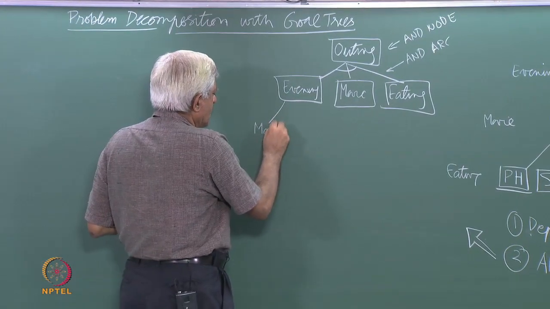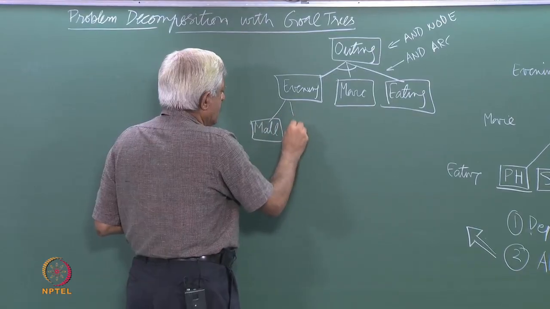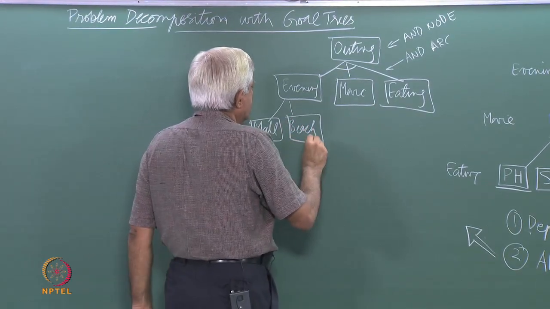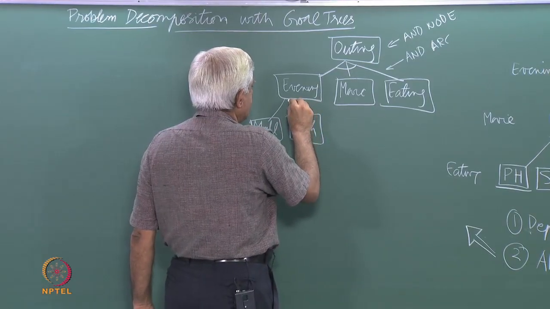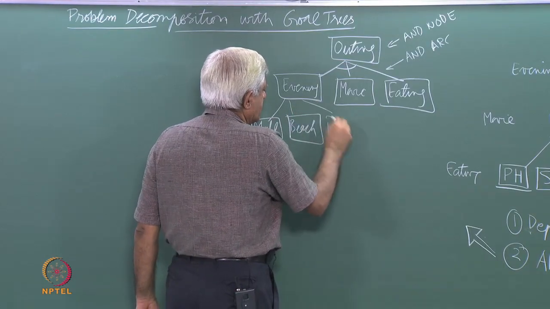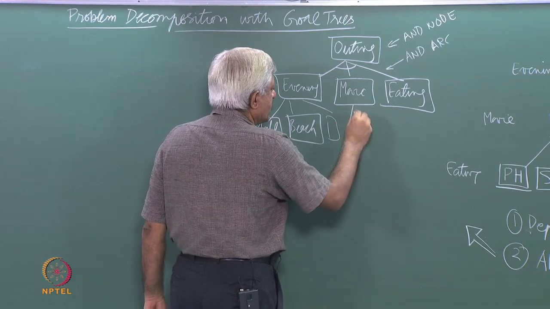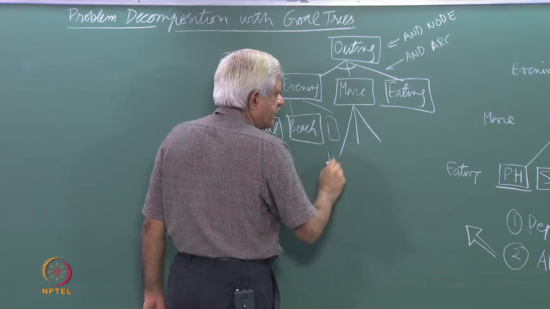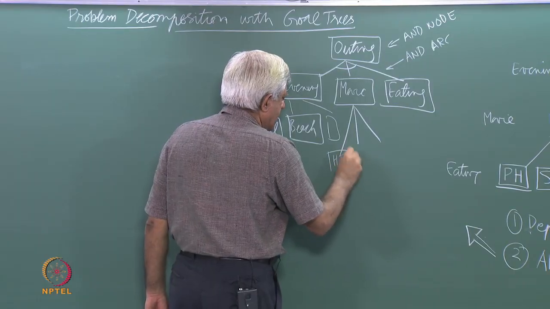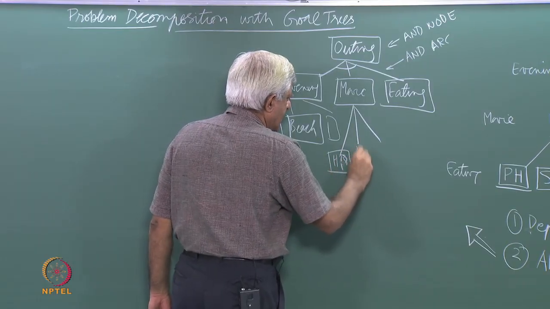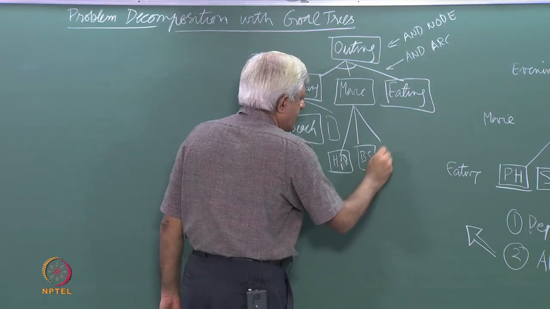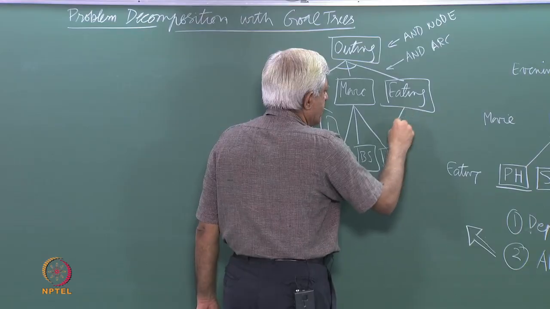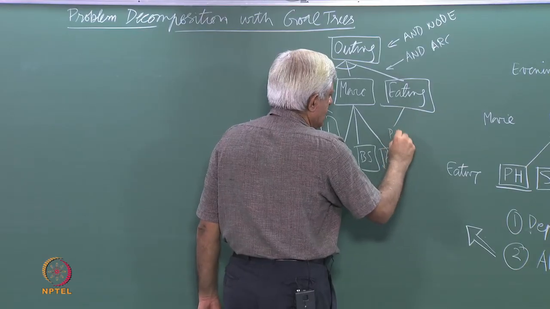So, let us say mall and beach and maybe some other choice, it does not matter. Then we have these 3 choices for the movie, Harry Potter, Bhuvan Shom and AI, and then we have these 3 choices for the restaurant.